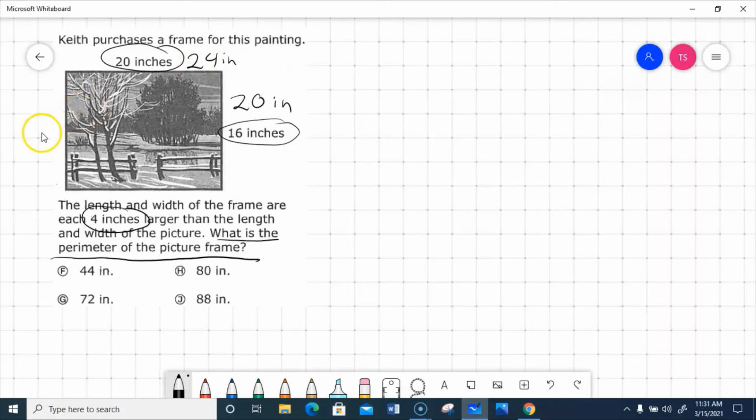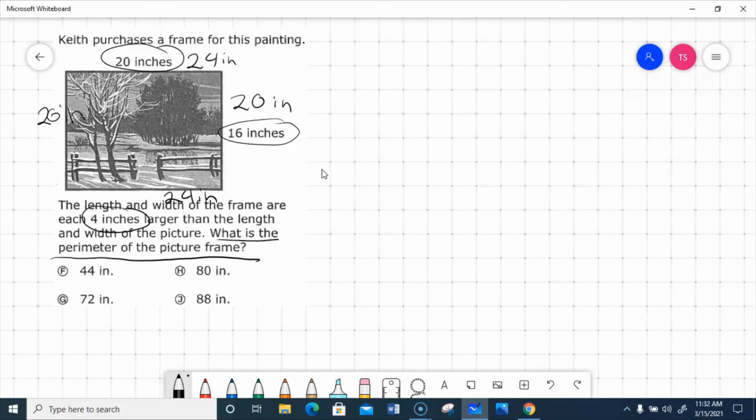So what would the length of this side be of the picture frame? Yeah, it would be 20 inches, because we know opposite sides are equal. And what would this length or this width be right here of the picture frame? Yep, that would be 24 inches because opposite sides are equal.